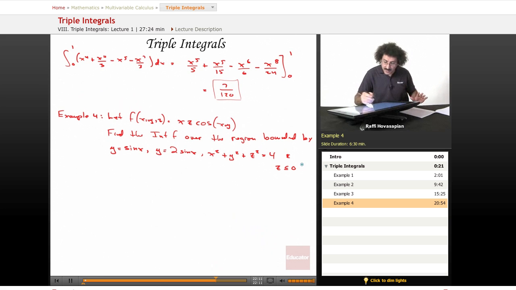Okay, so these are our boundaries. y equals sine x, y equals 2 sine x, x squared plus y squared plus z squared equals 4, and z is less than or equal to 0.